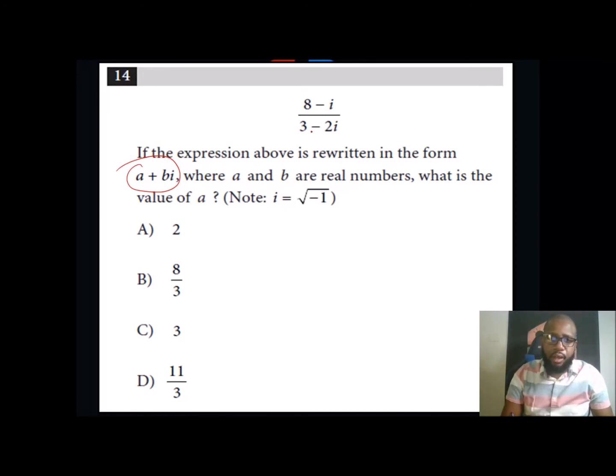Now, what is the conjugate of 3 minus 2i? My conjugate is 3 plus 2i. And we need to multiply both our numerator and denominator by 3 plus 2i.